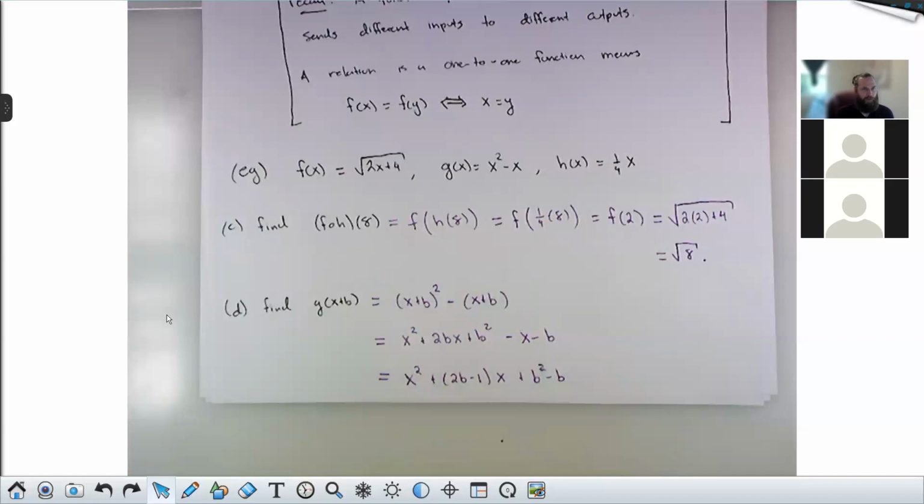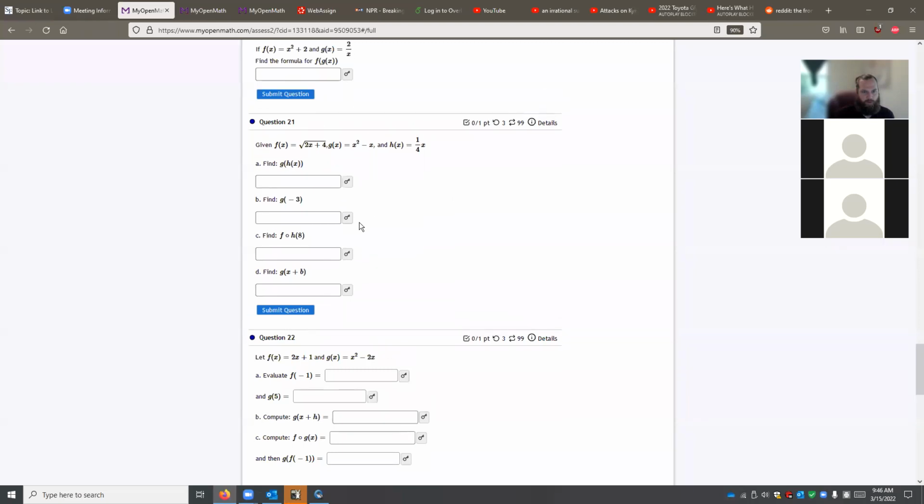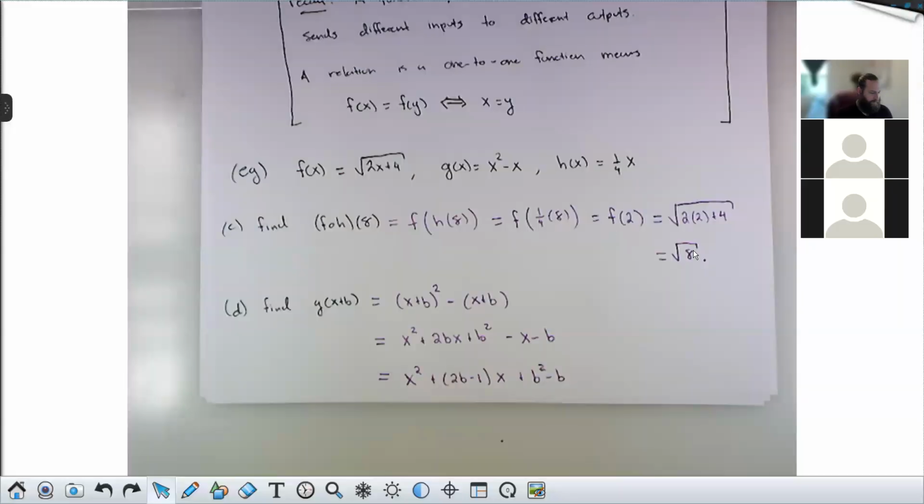The other one we wanted to take a peek at here was, okay, so my open math has sometimes been giving us a little bit of a hard time. Let's take a look at the instructions here. They might say that they want the answer rounded to a decimal or something. 2√2. So you can simplify this.